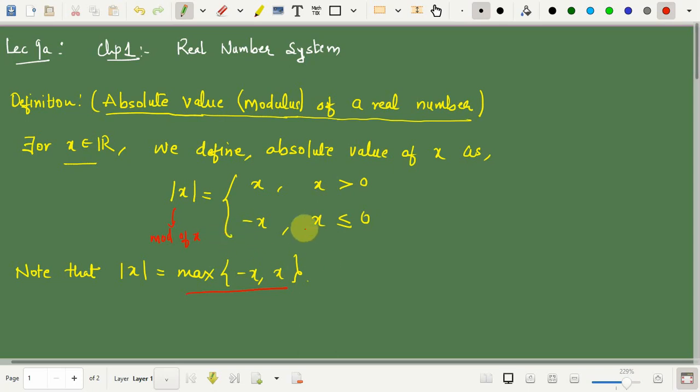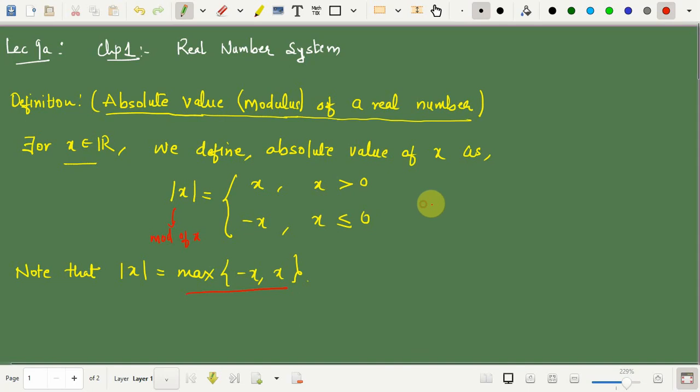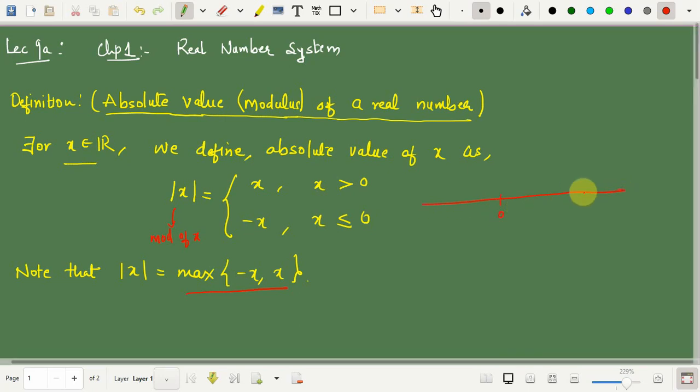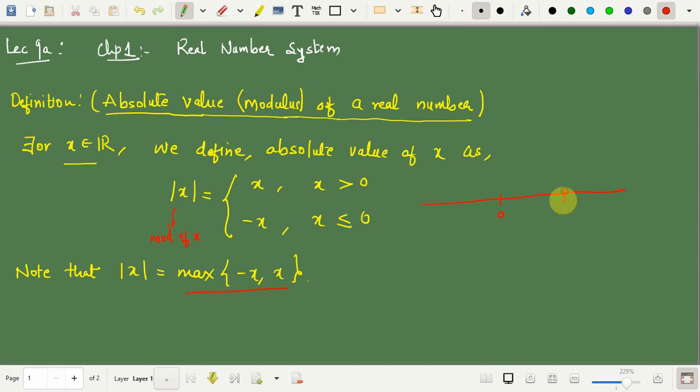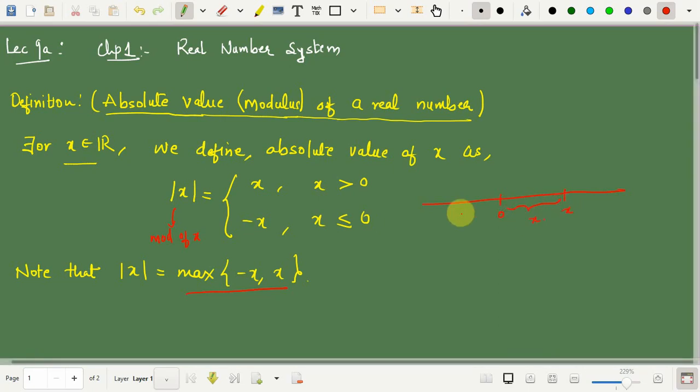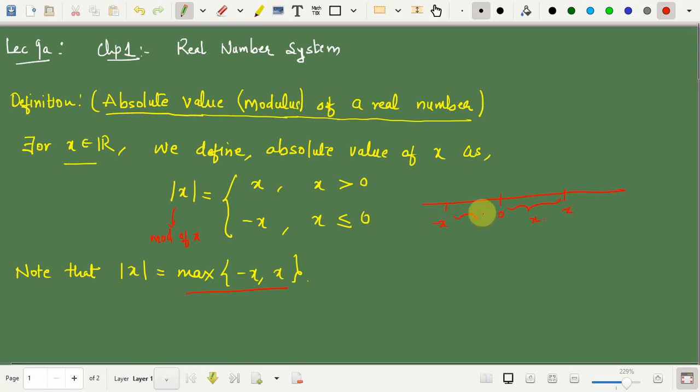Before that, the geometrical idea of mod of x is the distance of x from the origin. Suppose this is my origin and x is lying over here, then this distance is x, and in a similar way, if x is lying to the left of 0, then this distance is again mod x.